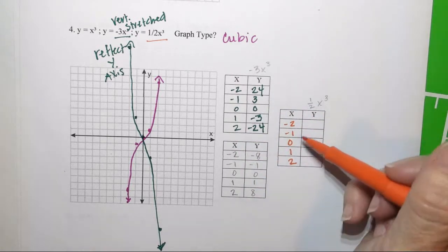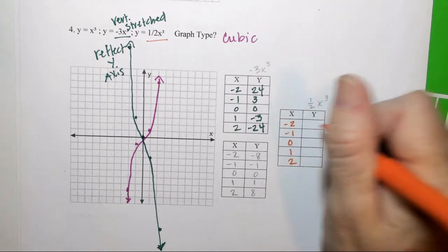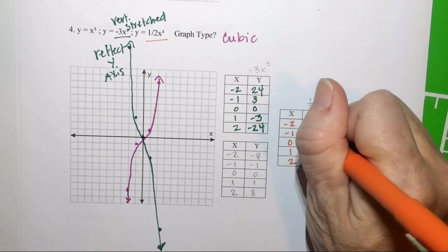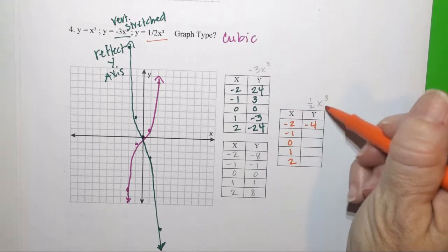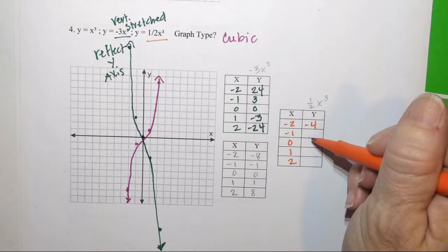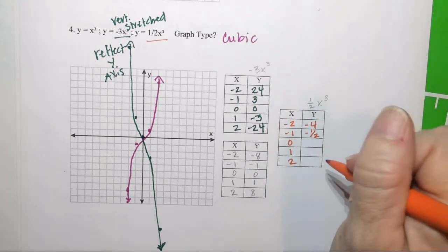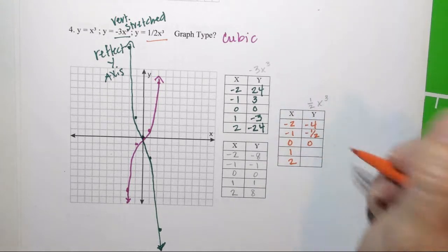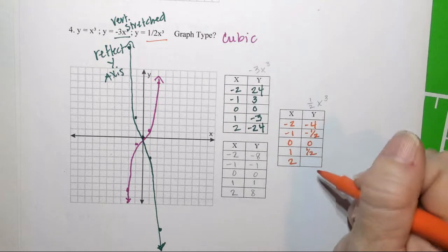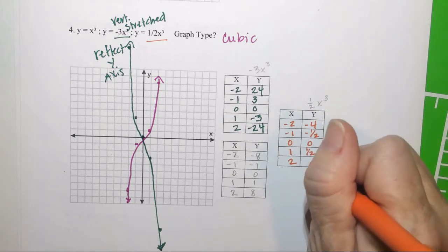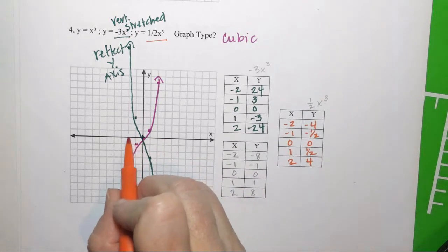So we have -2 cubed, which is -8, and 1/2 of -8 is going to be -4. -1 cubed is -1, times 1/2 is -1/2. And 0 times anything, our favorite, is 0. 1 cubed is 1, times 1/2 is 1/2, and 2 cubed is 8, and half of 8 is 4. Go ahead and graph those.